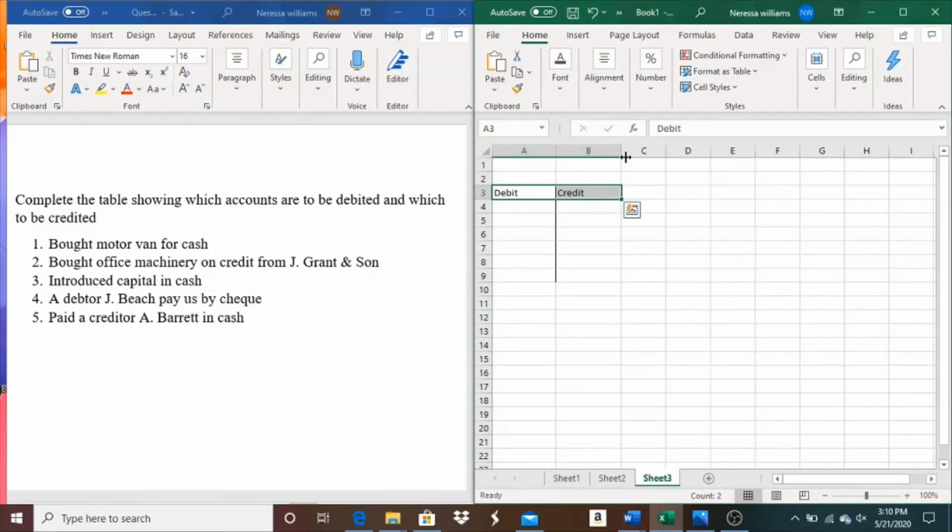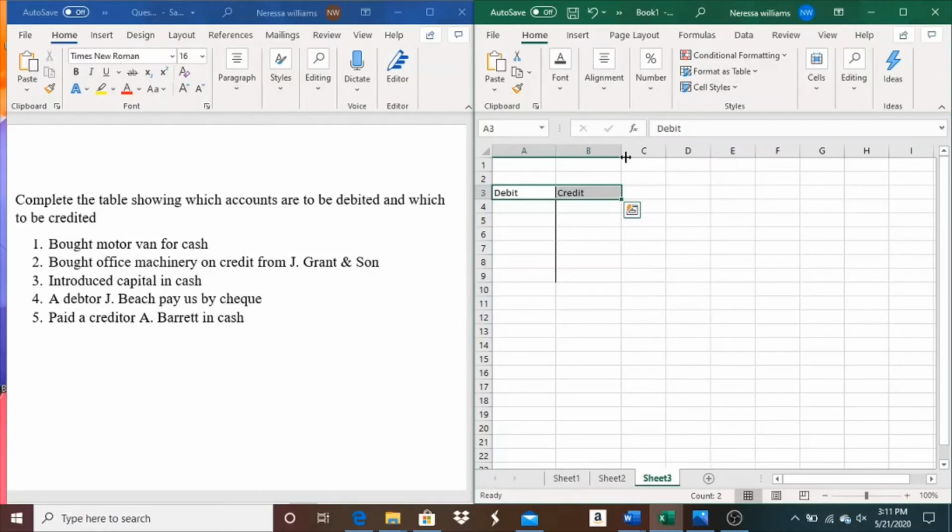The question said it bought a motor vehicle for cash. And I said in the first video that assets and expenses have a debit nature. Motor van is an asset. Cash is an asset also. But I also said it depends on the nature of the question. If we are buying something and it's the motor vehicle that we are buying, then we get to keep the motor vehicle, right?